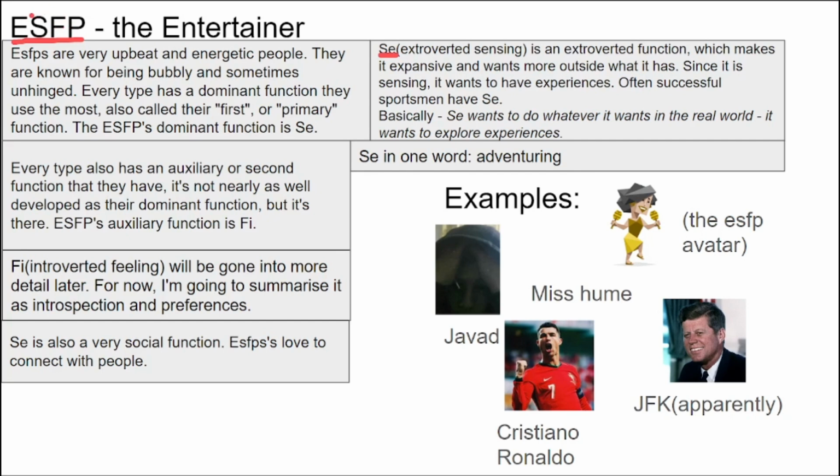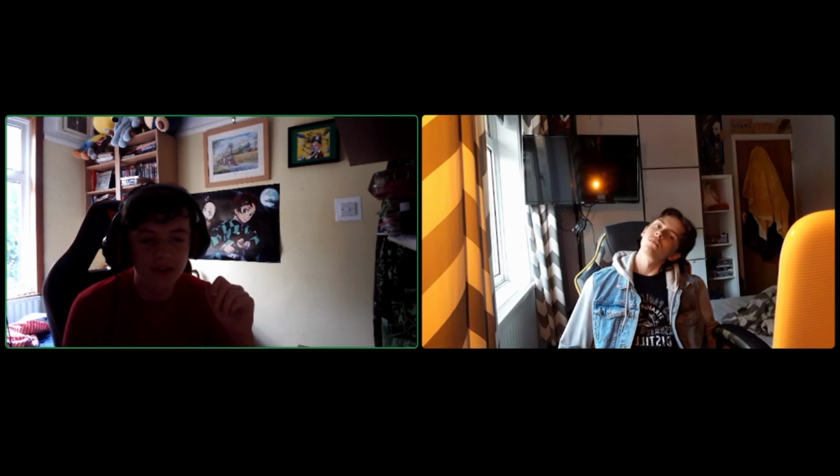Basically, these middle two letters are the two top functions, so SeFi. But sometimes it can go the other way around. Sometimes their dominant function can be a judging function, so it's not always the second one. But this E at the front is important as well, because as I said earlier, rather than meaning extroverted, what it actually means is that their dominant cognitive function is extroverted.